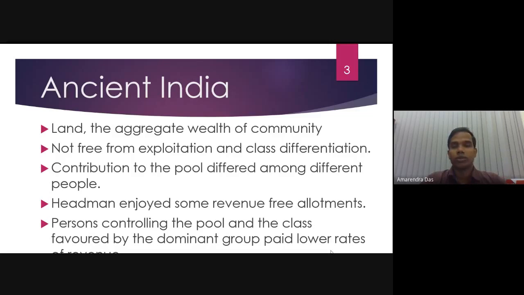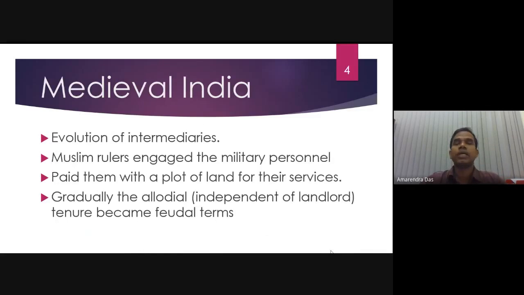Basically, the influential group or the leaders in the village paid less or enjoyed revenue-free allotments, but the working class contributed a higher percentage of revenue to the common pool. That was ancient India.